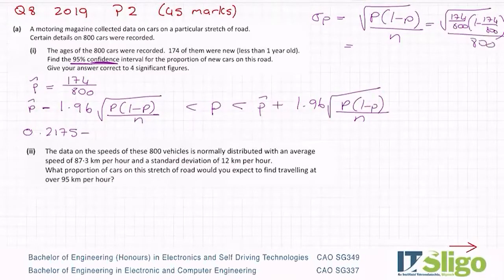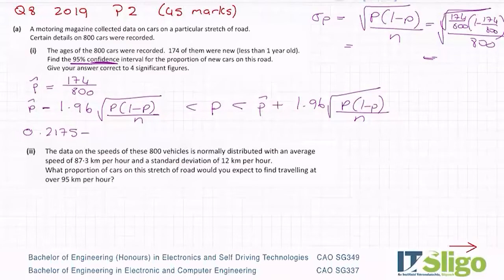It was 800. Bigger square root sign. Put all that into your calculator: square root, hit my fraction button, 174 over 800 times 1 minus 174 over 800, all over 800.